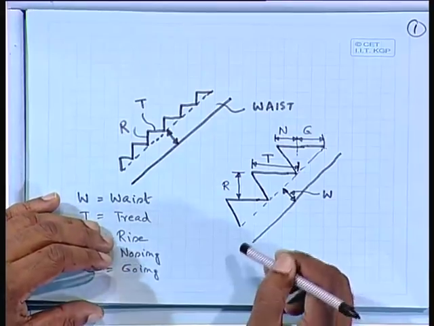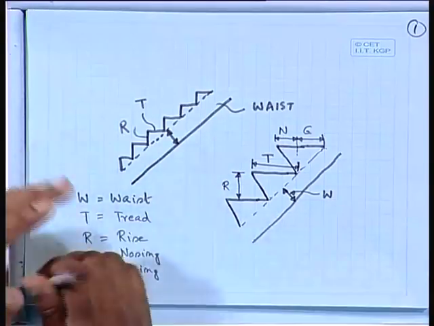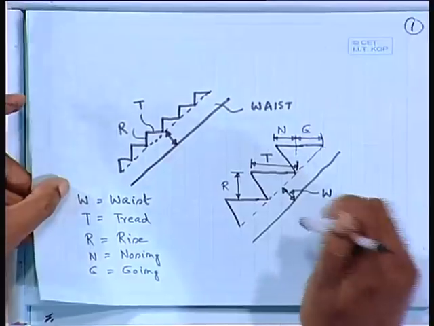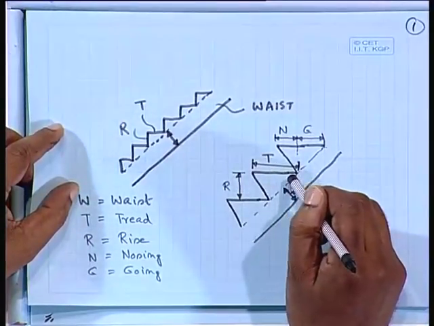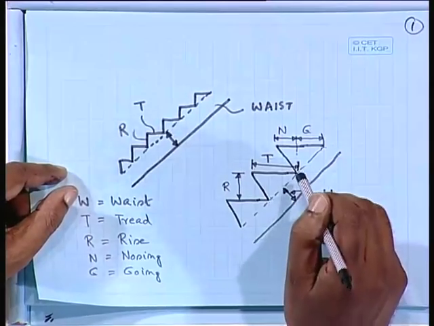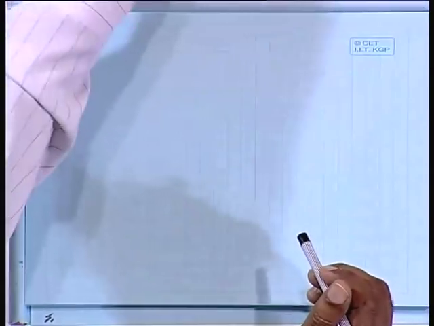That is why this load is more compared to the standard load on the rooms. So the first thing is the dimension of the rise and tread, and the second is the loading. These two things you have to consider in our calculation.